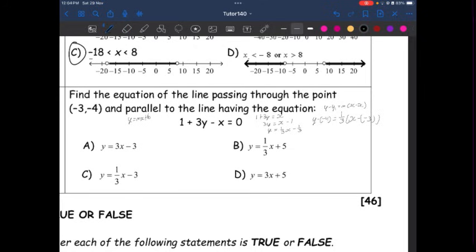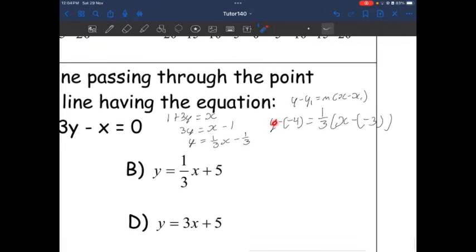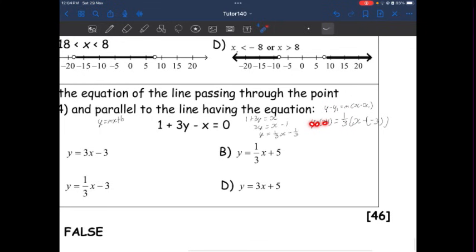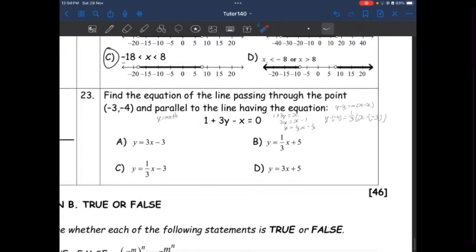If on the test you get a question like this where the number is negative, you have to make sure I put minus and then open bracket negative 3. If you just put y minus 4 and call it a day, that's going to give you a wrong value. You have to put y minus, the y value is negative 4, so y minus negative 4. The x value is negative 3, so we put x minus negative 3.